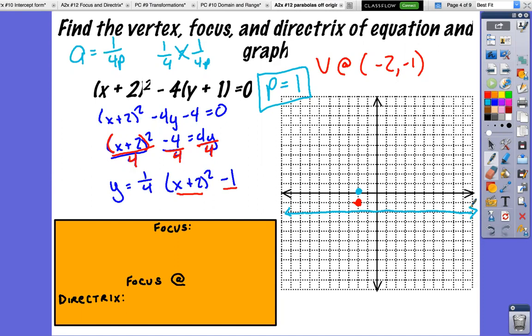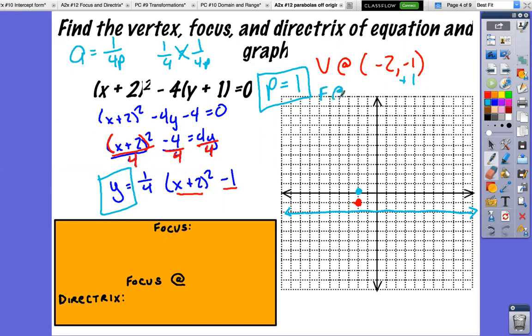Now, you're not going to see me graph it first very often, because if my p value is 1, is this an x equals equation or a y equals equation? Y. Yeah, y is my linear variable. So I would add the value of p to the y value. I'll come to the y because it's y equals.